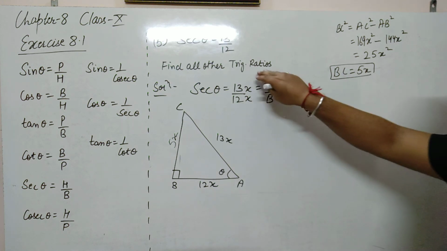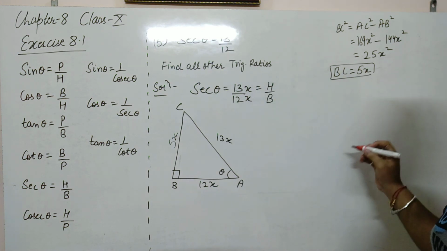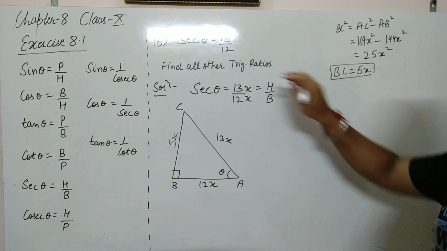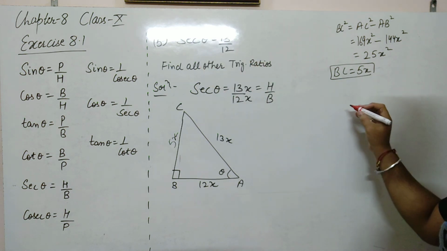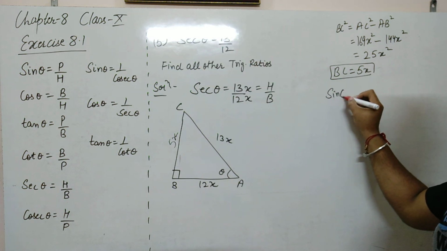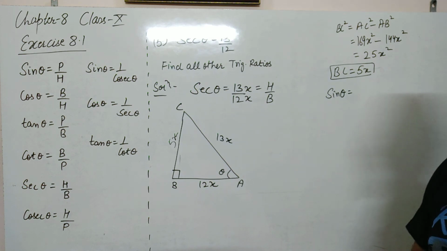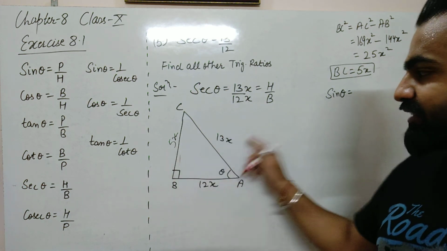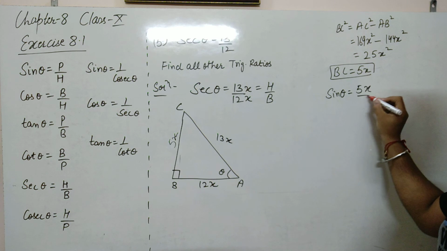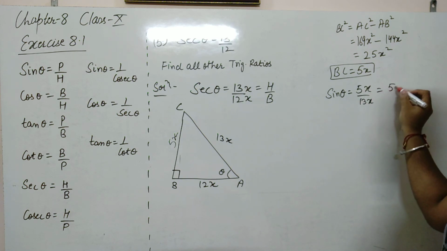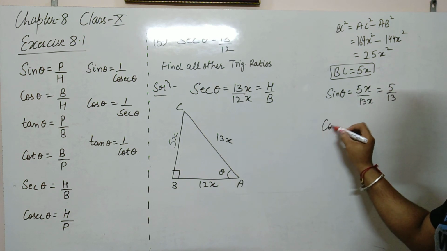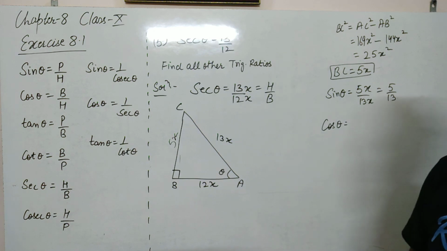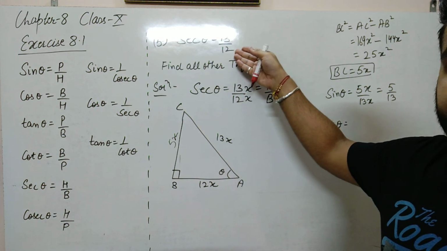We have to find all the other three trigonometric ratios. So secant theta is known. So first of all find sin theta. Sin is P by H. That means 5x by 13x. This will be 5 by 13. Next is cos theta. Cos theta is basically the reciprocal of secant theta.